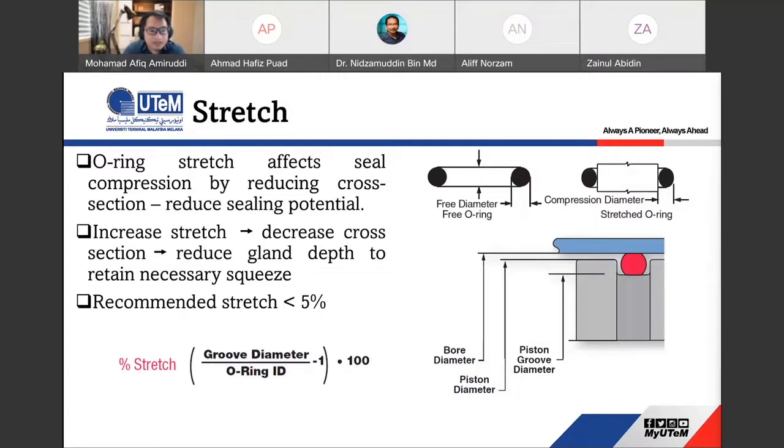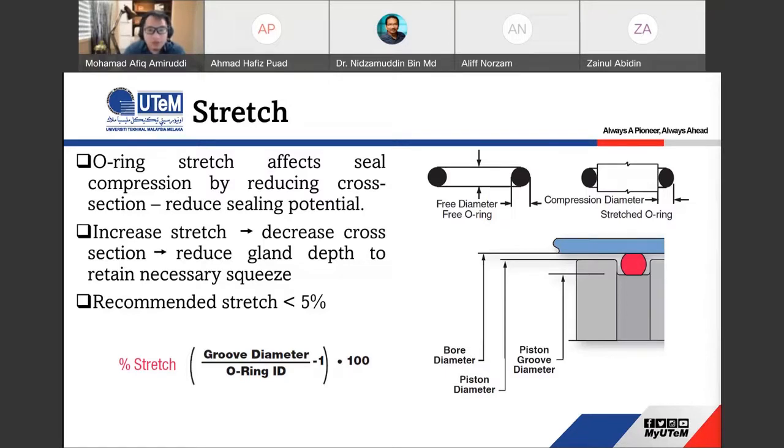O-ring stretch affects seal compression by reducing cross section, reducing sealing potential. So this is the normal condition without stretch. After you install, such as on a piston, you can see there's some stretch deformation on the O-ring. Its cross section will be reduced slightly. Consider the cross section reduced.